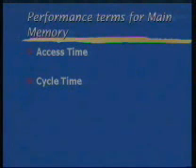So what we basically have to look into is first the memory speed, and then the performance of the bus. How do we define the performance of the main memory? Well, there are basically two indicators of that. The first one is the access time, and the second one is the cycle time. But what are these times?